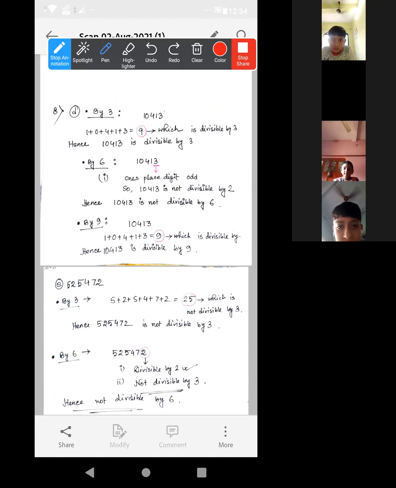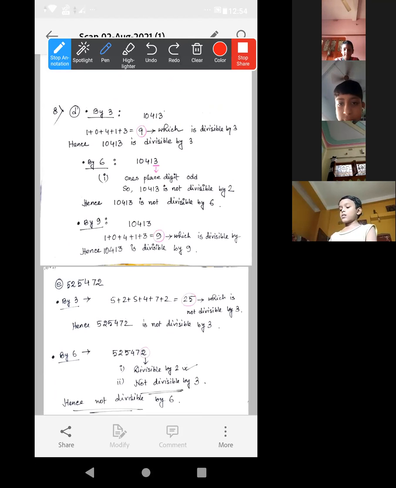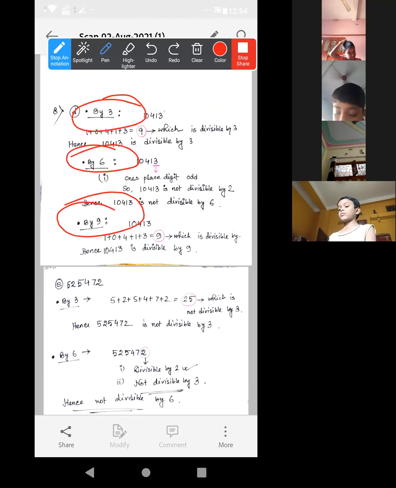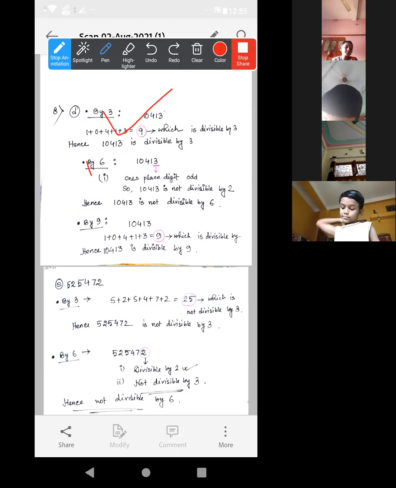Here I have done the whole thing. Why, you know? Because in the exam, these three will not come together. Individually, either this one will come or this one. So you have to complete the whole thing. That's why I explained all the answers. Understood?